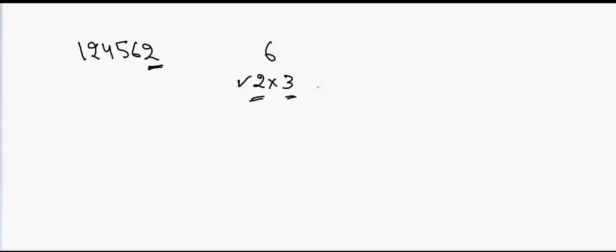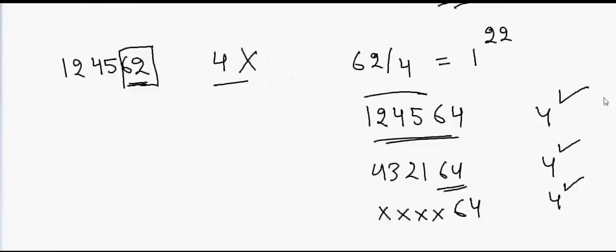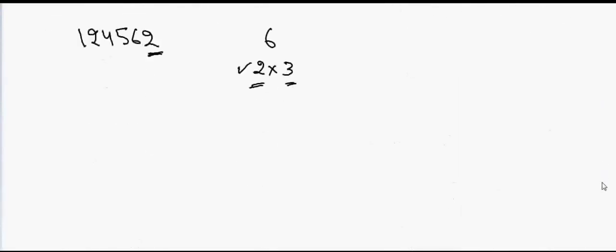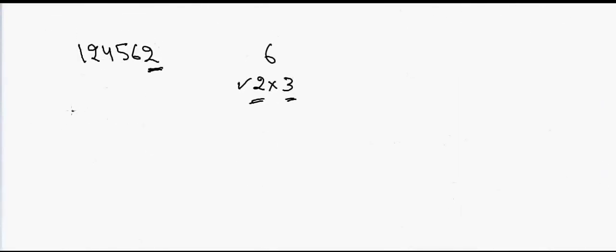So this is okay. But we did the test before and we found out that the sum was 20. So 1 plus 2 plus 4 plus 5 plus 6 plus 2 was 20, and 20 is not a divisible of 3. So this is not a divisible of 3, so that's why this number should not be evenly divided by 6. But how can we modify this?